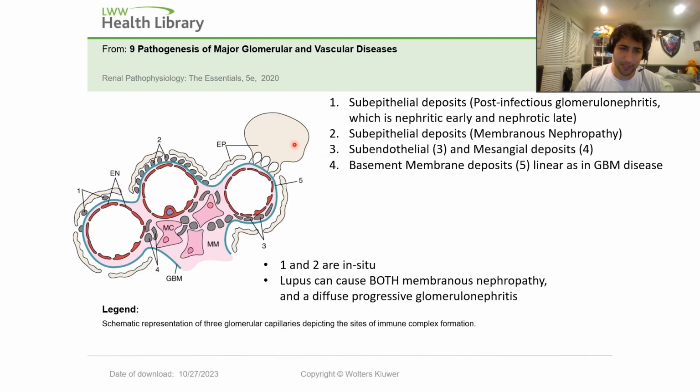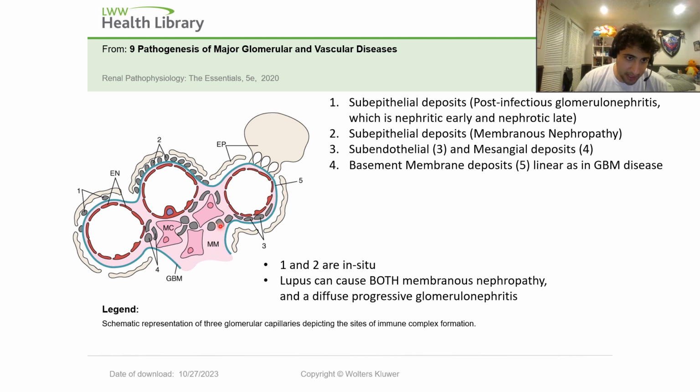All right, so here are all the different places that deposits can go. You can have subepithelial deposits that can be seen in post-infectious glomerulonephritis. When we talk about the nephritides, here we're talking about a lot of the nephritides. And then we have membranous nephropathy as well. But again, going back to nephritides, you can have subendothelial, so over here, along the endothelium.